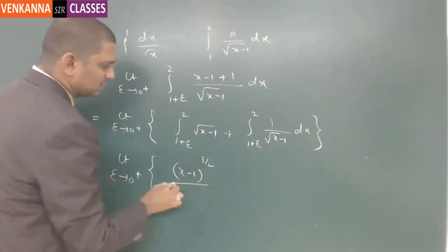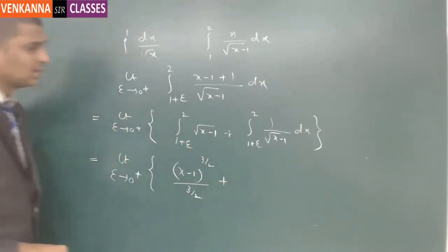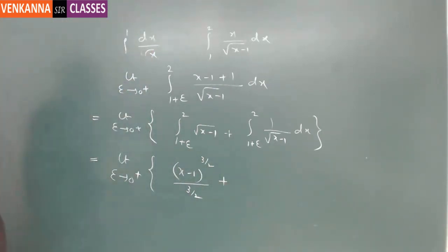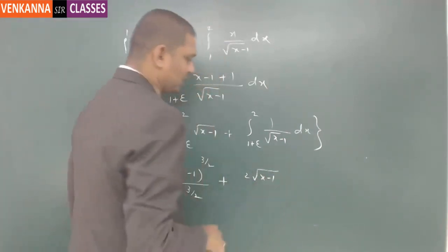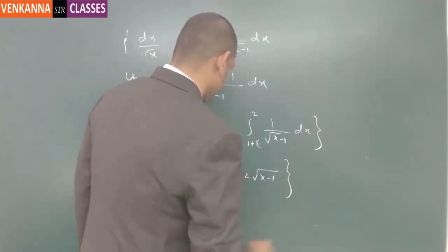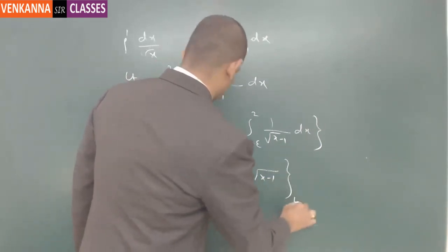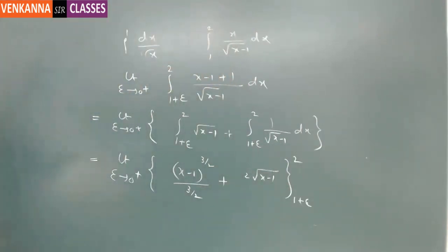3 by 2 by 3 by 2 and here 1 by root x, integration is nothing but 2 root x. So 2 root of x minus 1. So the limits 1 plus epsilon to 2 we will apply. That was the thing we do in the calculation of the limits.